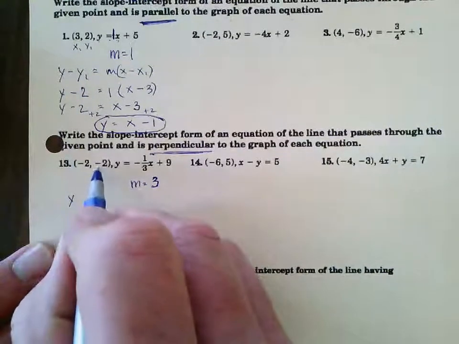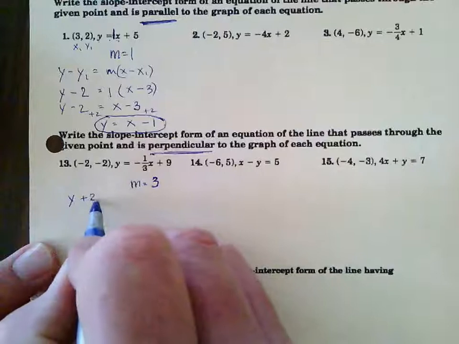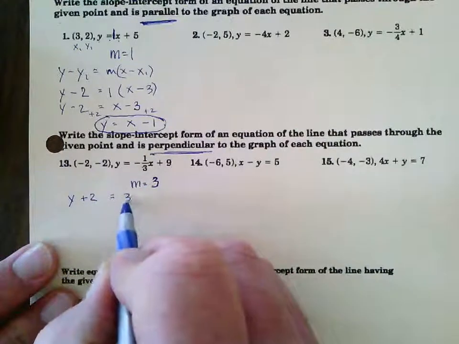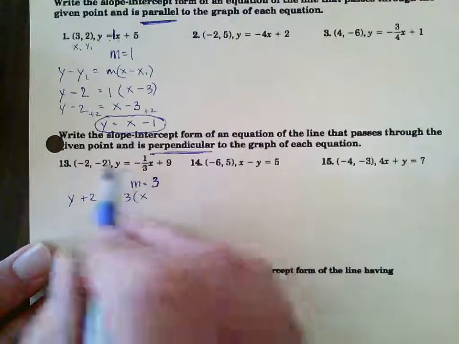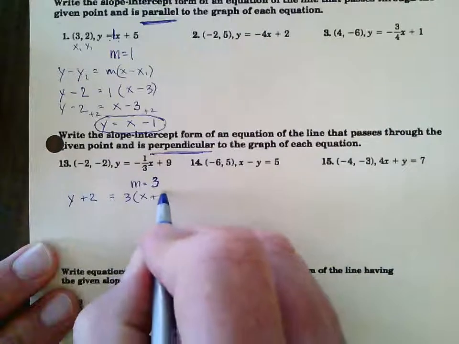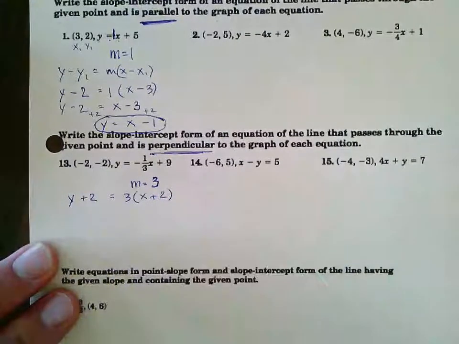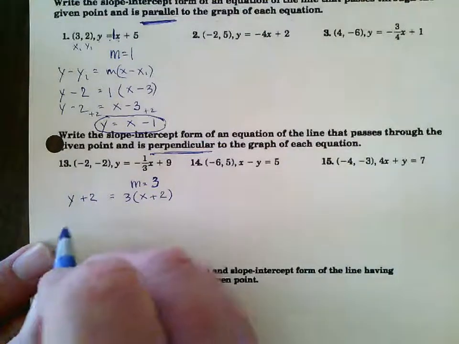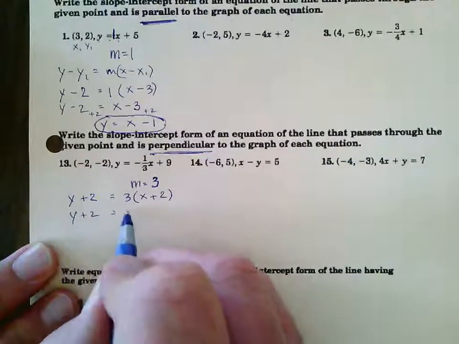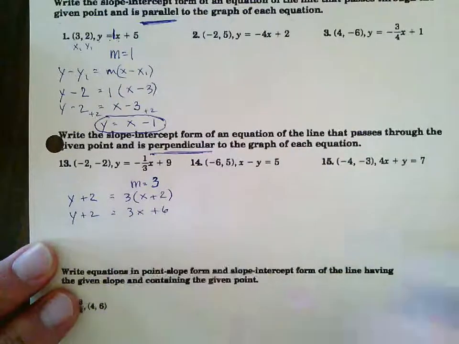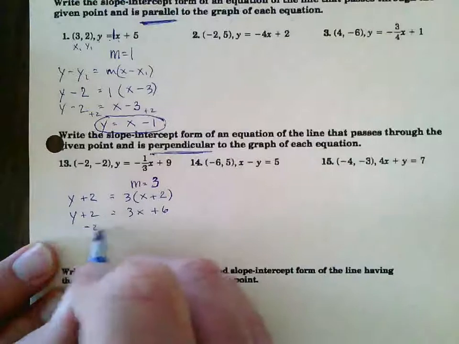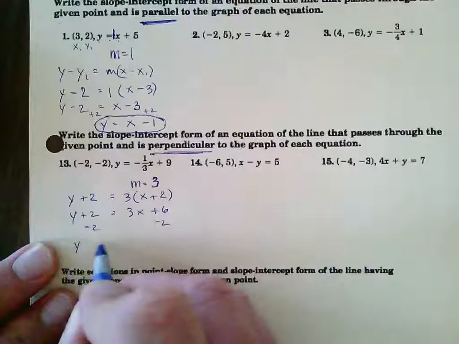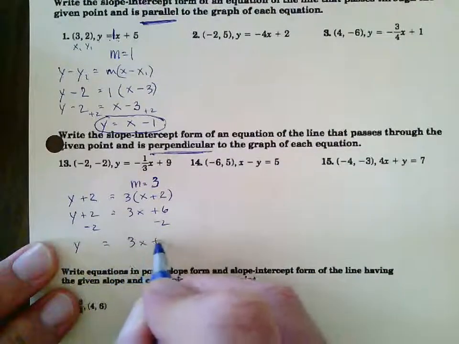Y, and since it's minus -2, it becomes y plus 2 equals my slope times x plus 2, since that's a negative. Distribute: y plus 2 equals 3x plus 6. And then bring the 2 over by subtraction, and y equals 3x plus 4.